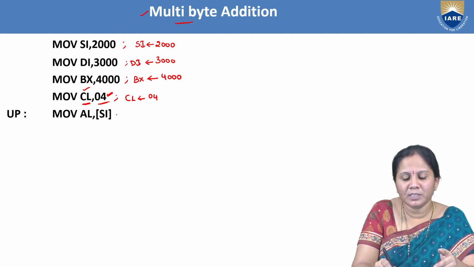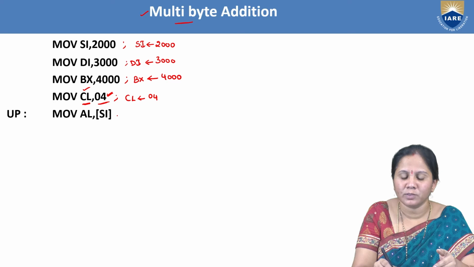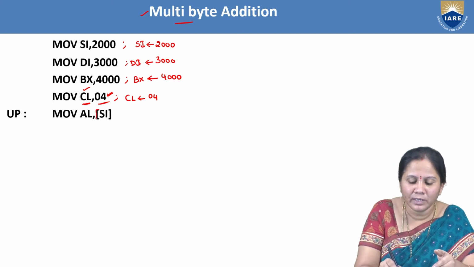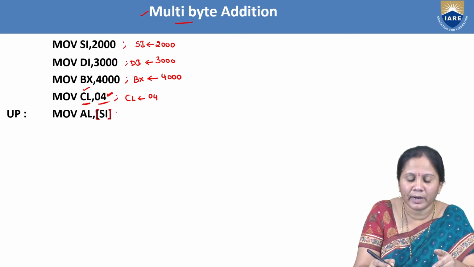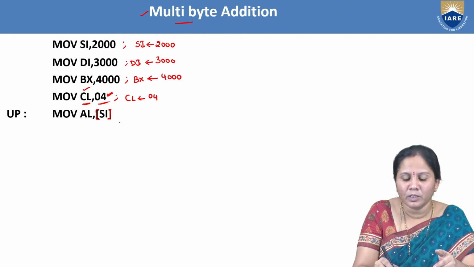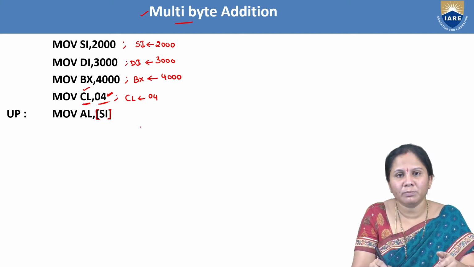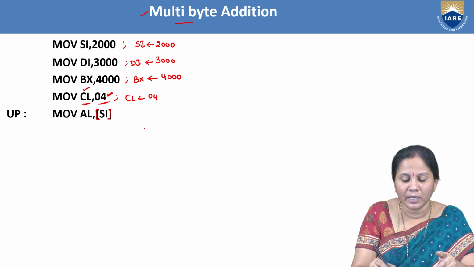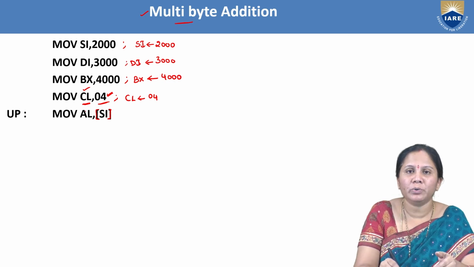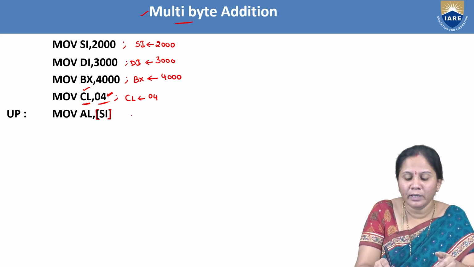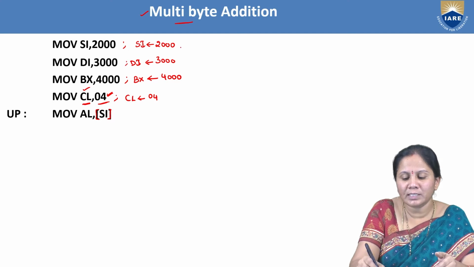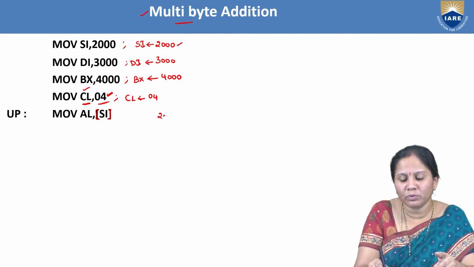And the next one is MOV AL, [SI]. If you observe here, SI is kept in brackets. If SI is not kept in brackets, it means the value of SI will be moved into AL. The value of SI is here 2000, so 2000 will be moved into AL.